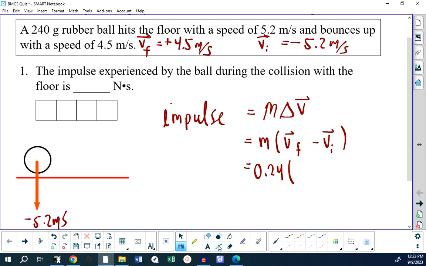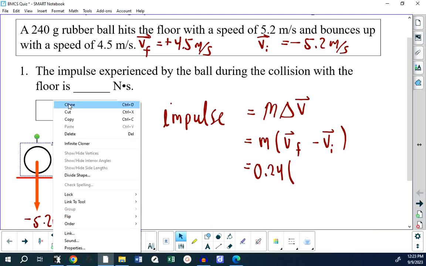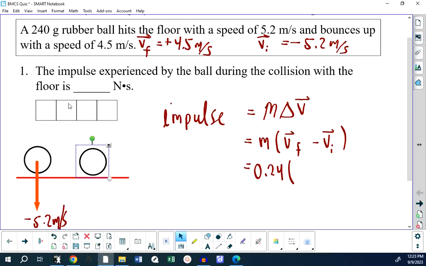And then when the ball rebounds, it's moving up. It's not moving up as fast, but it is moving in a positive direction. It's moving up at positive 4.5 meters per second because of its direction. And if you don't include that negative in the initial velocity, you will get this question wrong, which means you get question 2 wrong as well, by the way.